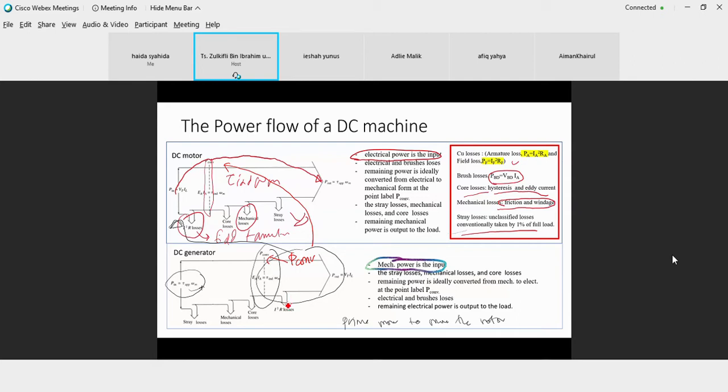And then you will have the conductor losses, I square R losses. Then only you get your useful electrical power. So it is the same with the DC motor, where the power conversion means converting electrical power to mechanical power.